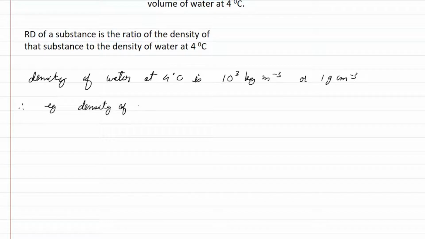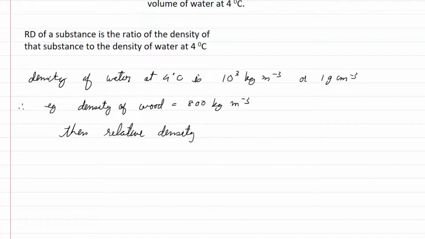So if you have the density of, say, wood to be 800 kg per meter cube, and you want to find the relative density of wood, what will you have to do? 800 divided by 1000, and that will be 0.8.